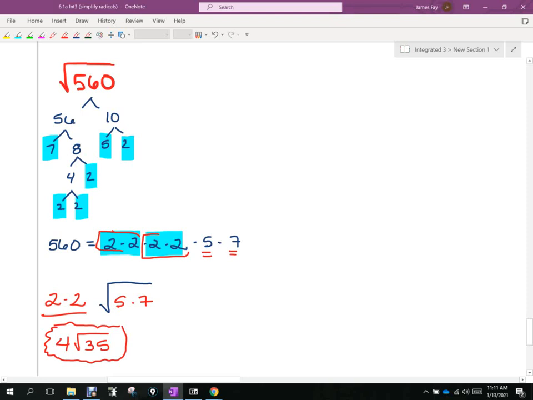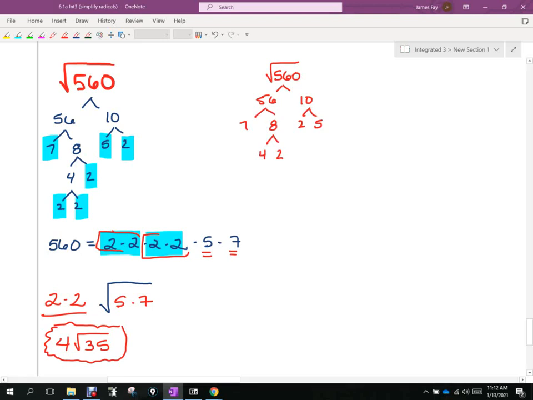At this juncture, we took 560 and we broke that down to 56 and 10, so I'll keep doing that. 10 went to 2 and 5, so we'll leave it that way. But 56 went down to 7 and 8, right? And then 8 went down to 4 and 2. We could actually stop there if we wanted to, okay?